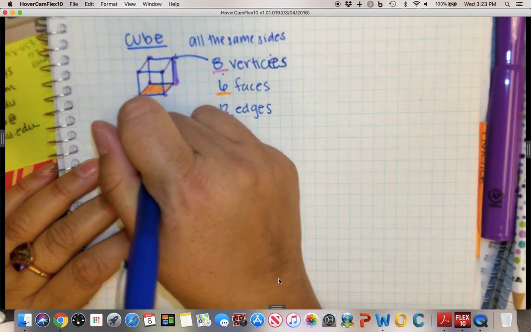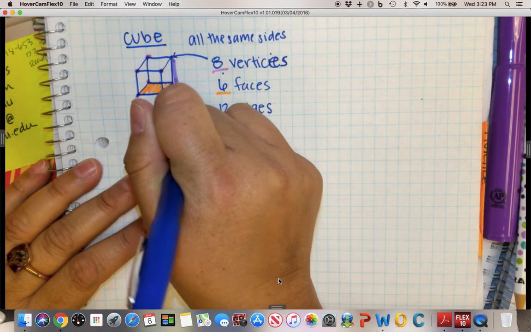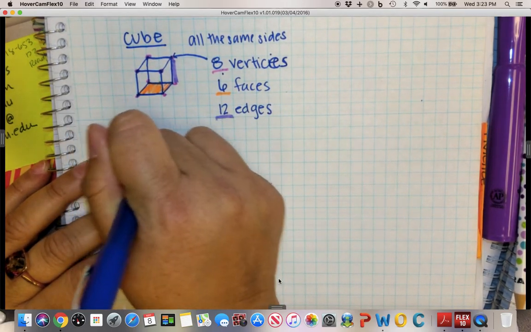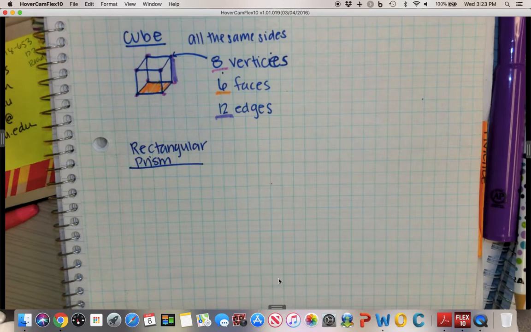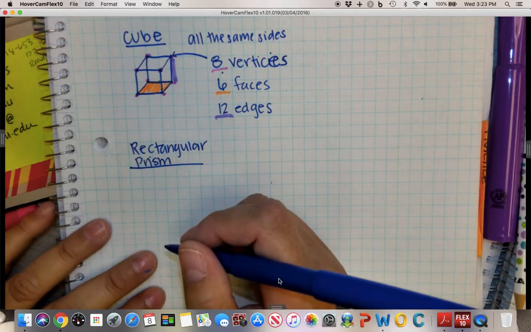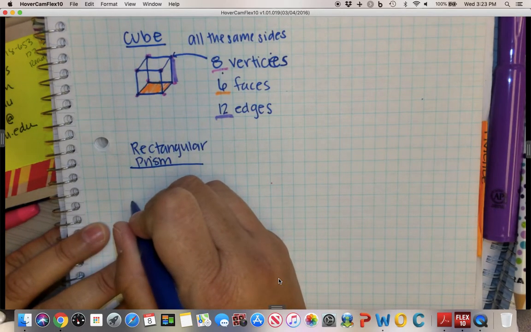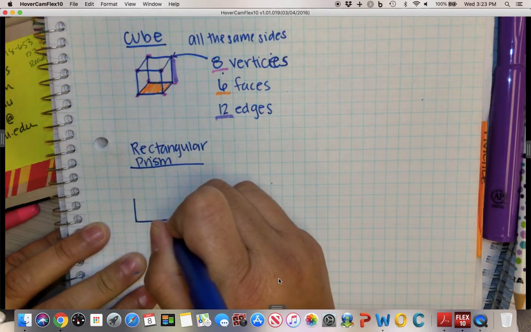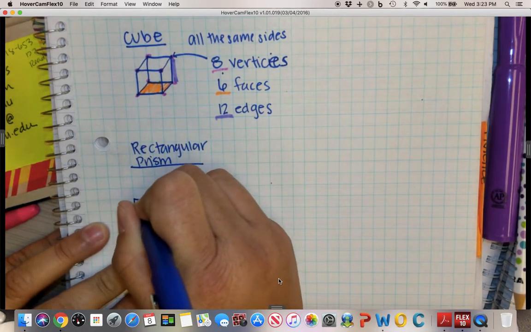Rectangular prism. A rectangular prism is basically a 3D figure of a rectangle. So what I'm going to do is I'm going to draw a 2 by 3 rectangle.